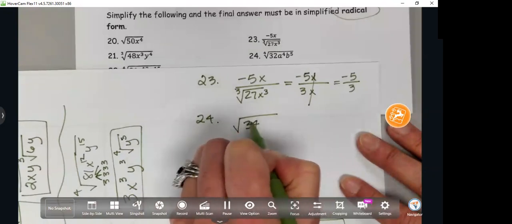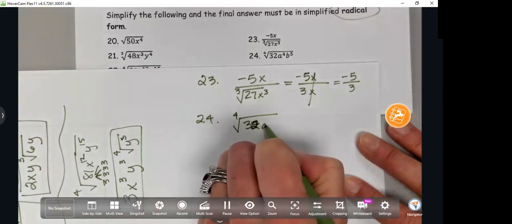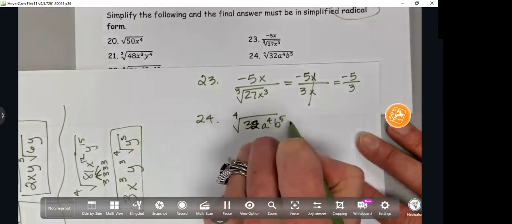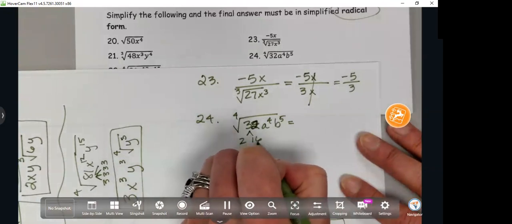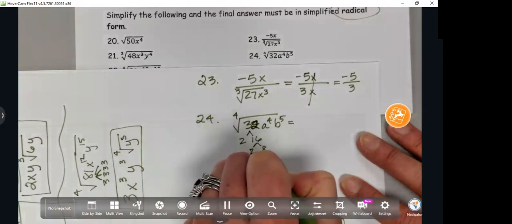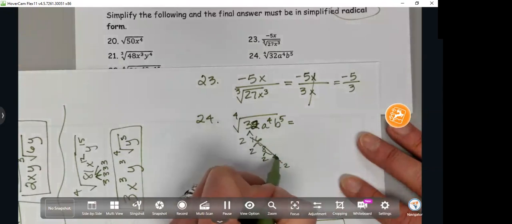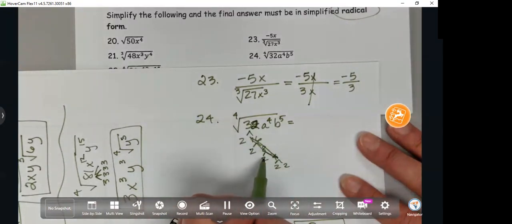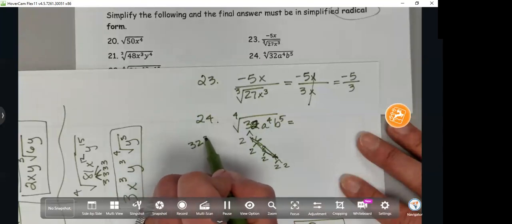The fourth root, sorry, of 32, a to the fourth, b to the fifth. This can be broken down to 2 and 16, which is 2 and 8, 2 and 4, 2 and 2. So I've got 1, 2, 3, 4, 5, which keep in mind means 32 is 2 to the 5th power.